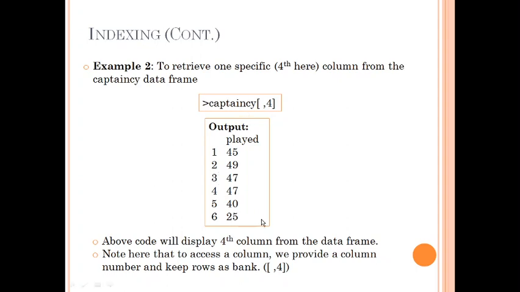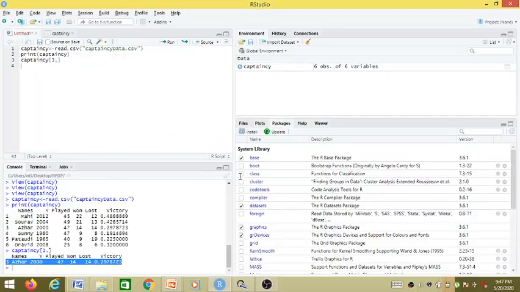The output is supposed to be like this. So let's do it on RStudio. The name of the data frame, I am keeping the row number blank and giving 4 as the column. So I am supposed to get the 4th column as an output.